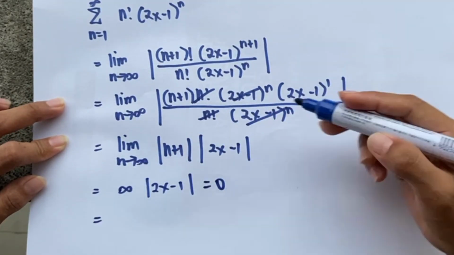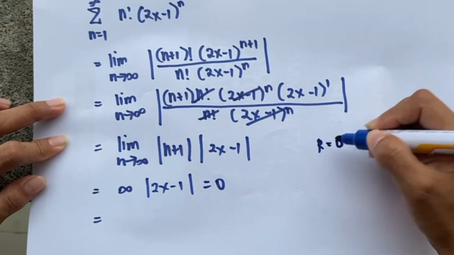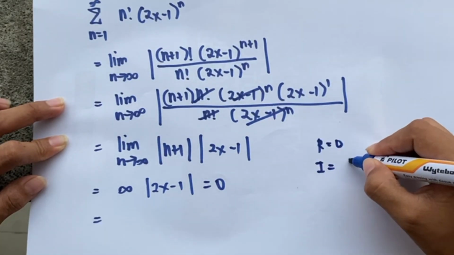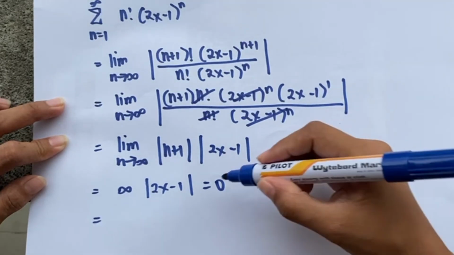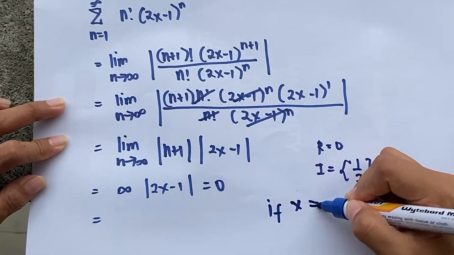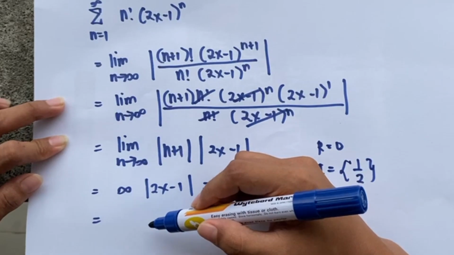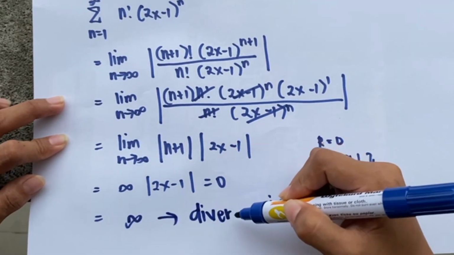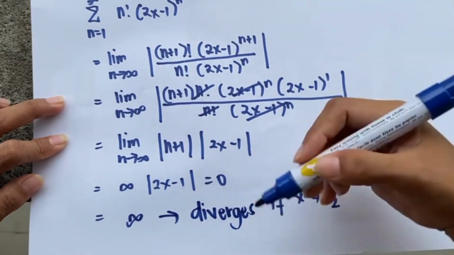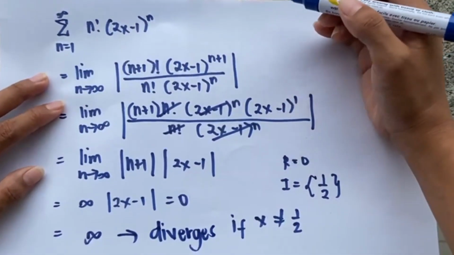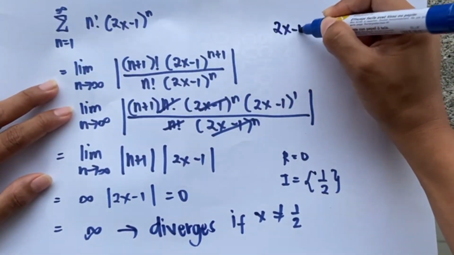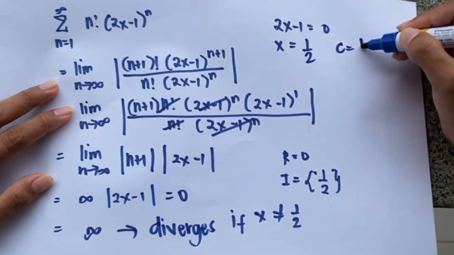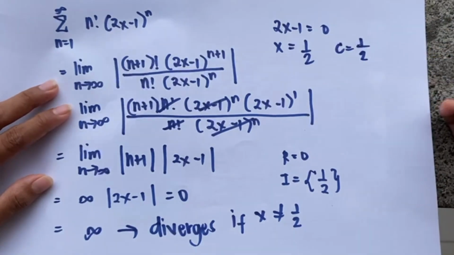So we get r equal to 0, and the interval is just 1/2. If x is not 1/2, then the limit would be infinity, and the answer will be divergent, because 2x minus 1, if we plug in infinity, it would not be 0. And when x is 1/2, the series converges, and also the center is 1/2.